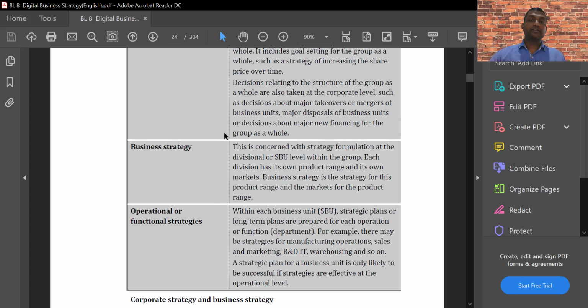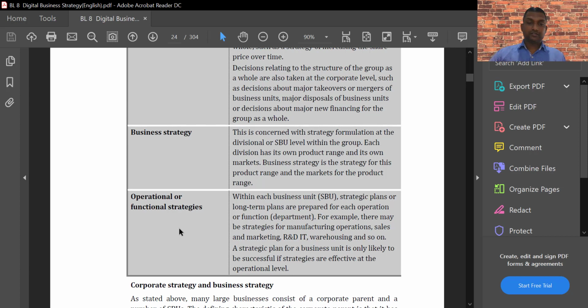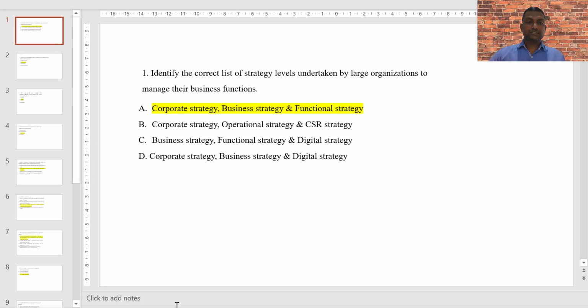When the long-term plans are prepared by the corporate strategy and adopted at the business strategy level, and additional directions are taken, then at the operational, functional, or day-to-day level, this has to be executed and practiced. So there will be functional strategies as well on how to run the business.